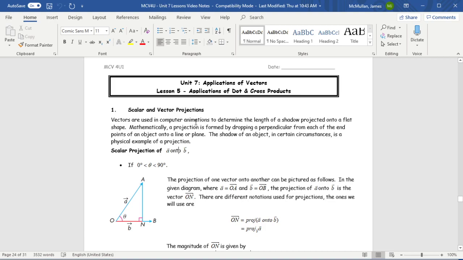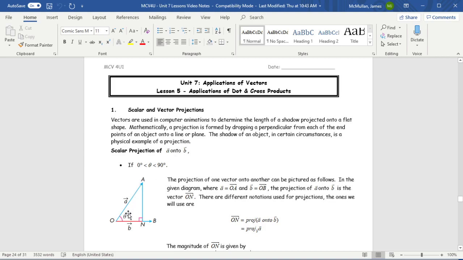Now, a projection is not overly difficult to do, but it is a little bit difficult to understand. I try to think of a projection as in a sense of how if one vector were to cast a shadow onto another vector, what would that shadow be?